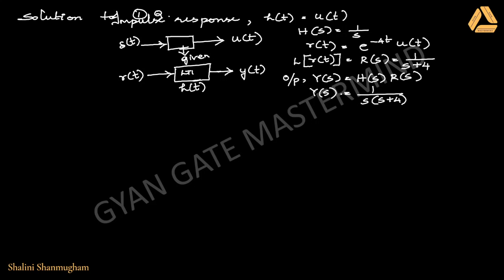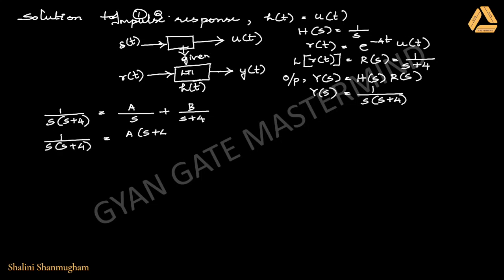Before we take the inverse Laplace transform, we'll apply the partial fraction method for simplification. So this can be separated like this using partial fraction method, that is equal to a into s plus 4 plus bs divided by s into s plus 4.